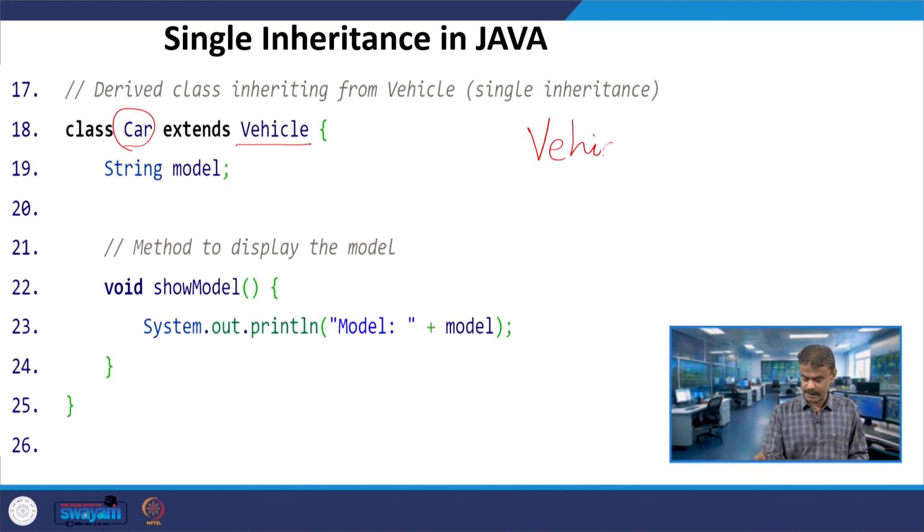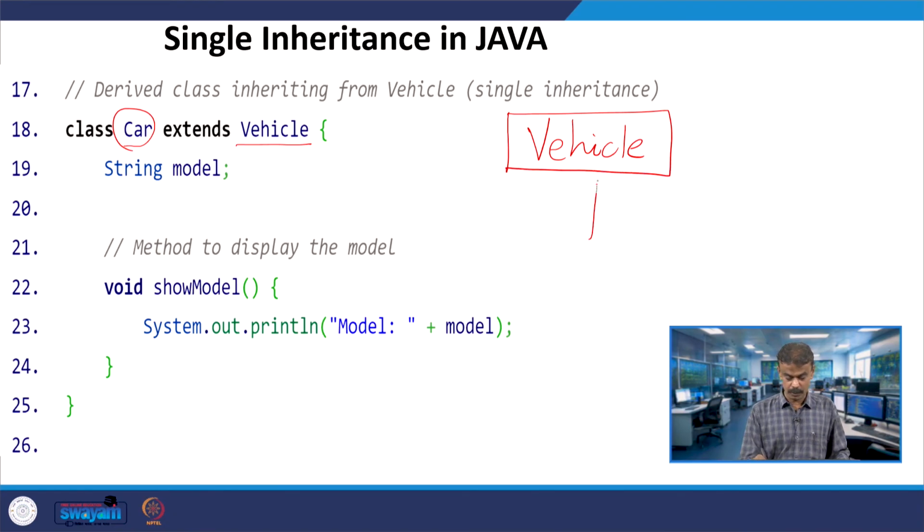I will just draw the diagram. Vehicle is a base class, and your car, the derived class, will inherit the properties of vehicle.